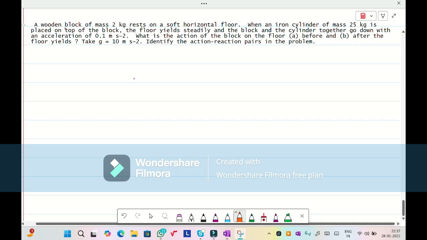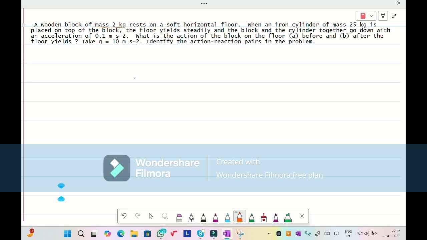Coming into this problem, a wooden block of mass 2 kg is given, resting on a soft horizontal floor, when an iron cylinder of mass 25 kg is placed on the top of the block. So here there is a floor.